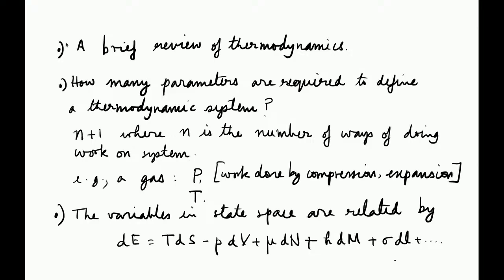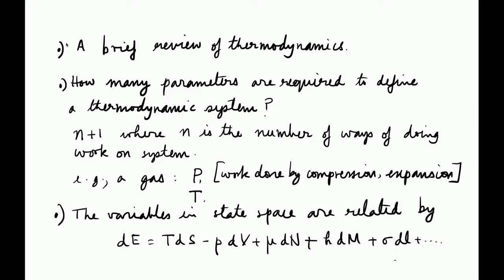There's another, heat is also there. So you can do work in mechanical, magnetic and so on. In addition, you can supply heat by some other means, by heating it up, for example. That's the next variable.